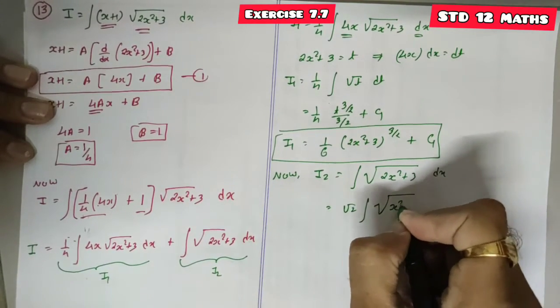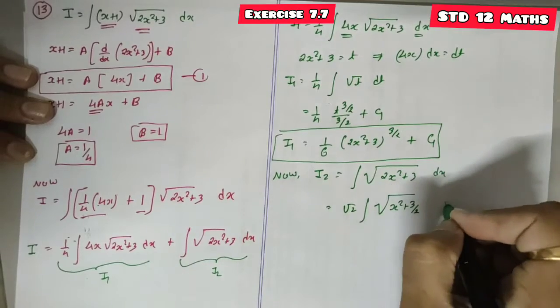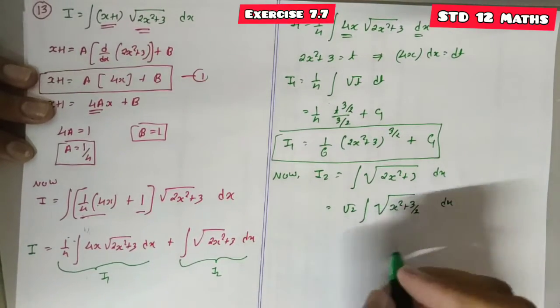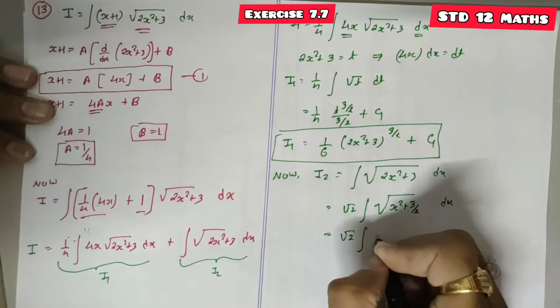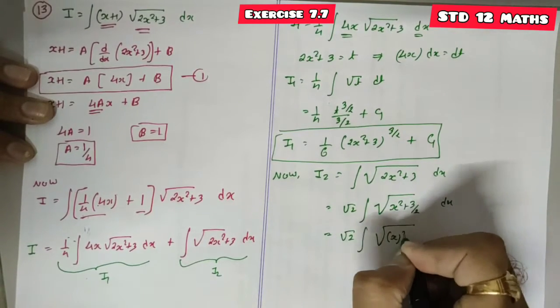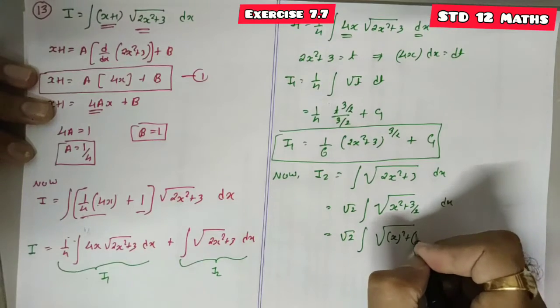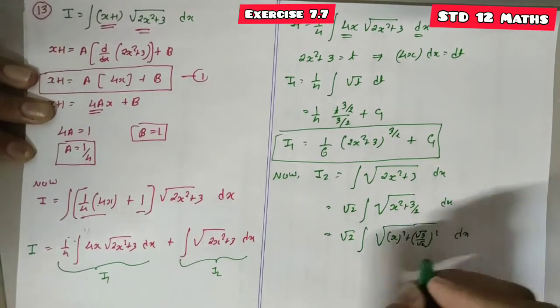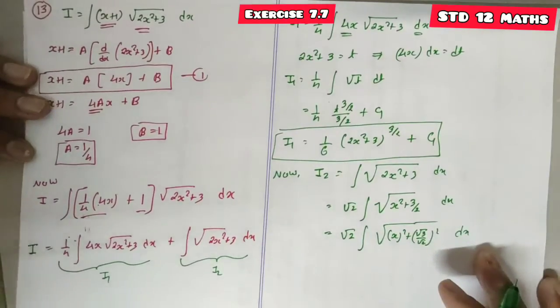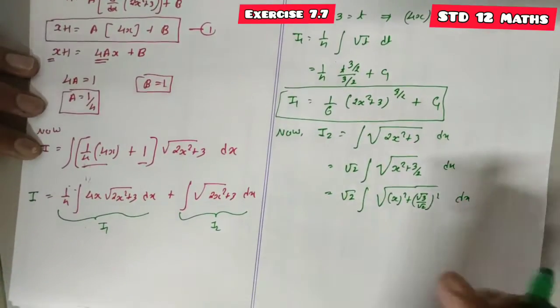The remaining terms are x square plus 3 by 2 dx. So this x square plus 3 by 2 can be written as root 2 integration square root of x square plus (root 3 upon root 2) square dx. So this is the square root of x square plus a square formula.